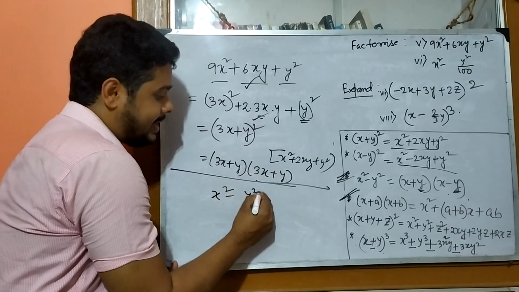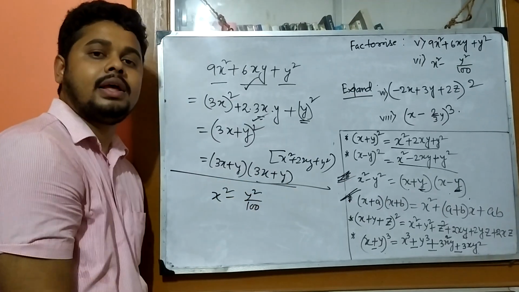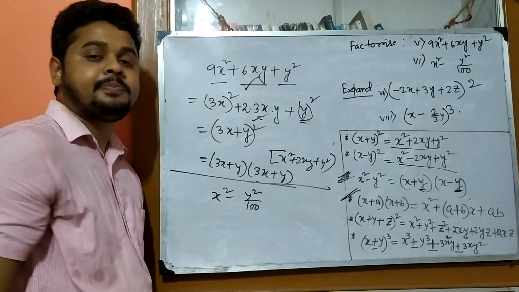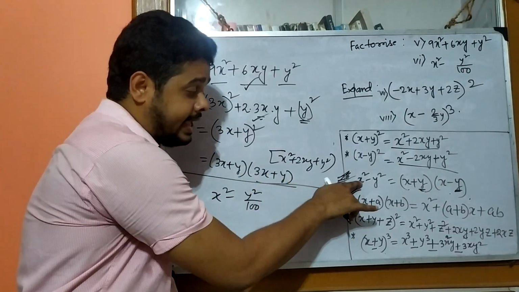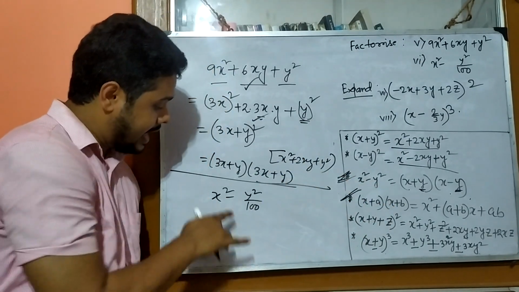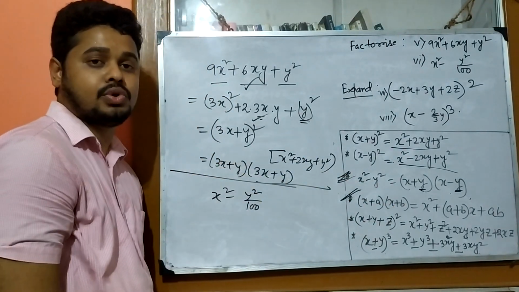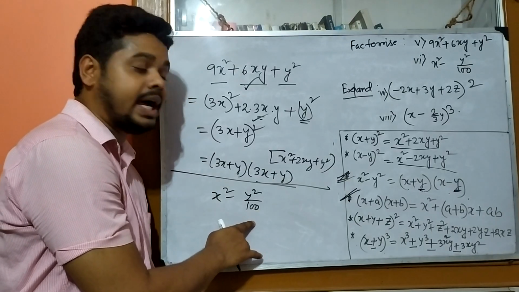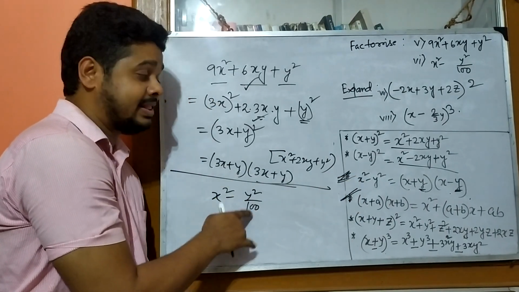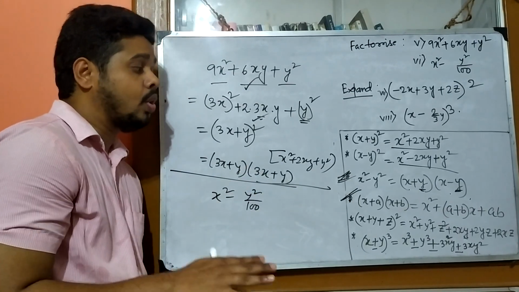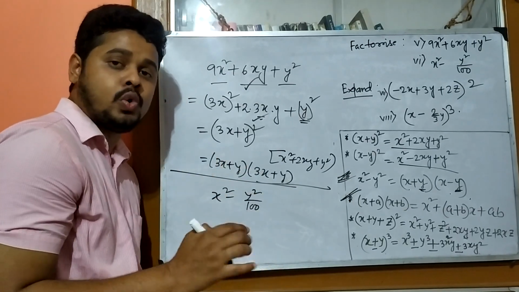x square minus y square by 100. Now how many parts are there? 2. So we can apply only this one, as the minus symbol is there also. Both sides square terms are there, and in between that a minus symbol, and 2 parts are there. That's all the clues for which identity you have to apply.